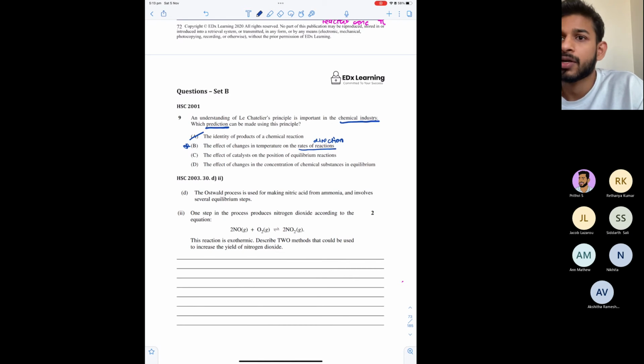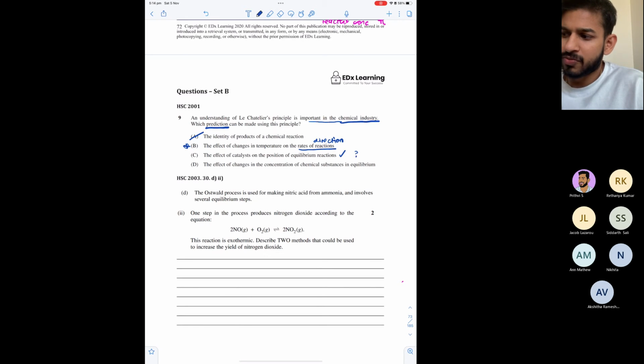Very good, right? So in summary, a catalyst does not affect the equilibrium position because it will increase the rate of forward and reverse reaction equally, right? So that is a prediction that can be made with the principle. So kind of like B, it is a prediction. Is it important in the chemical industry?